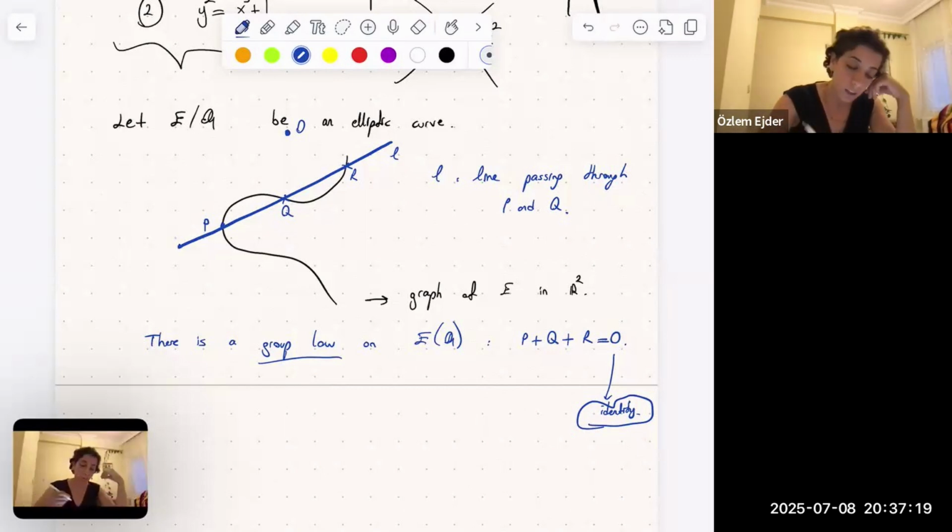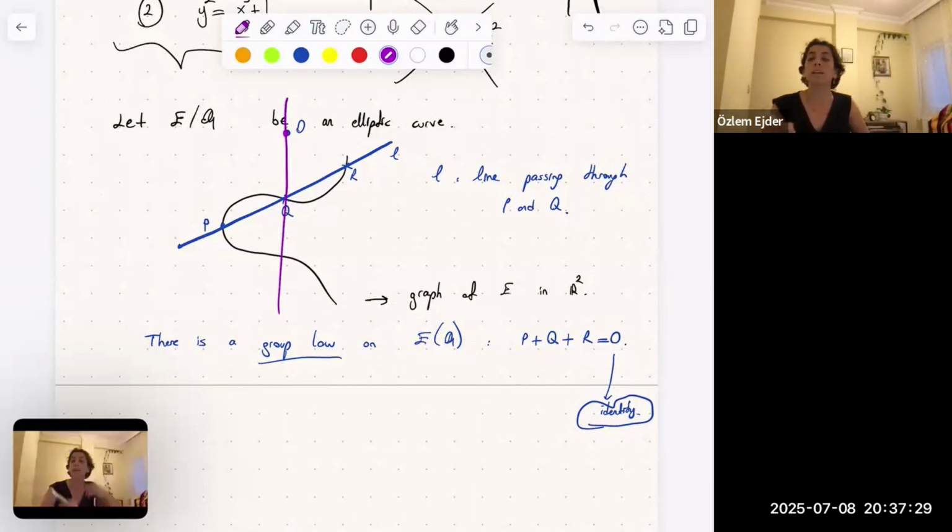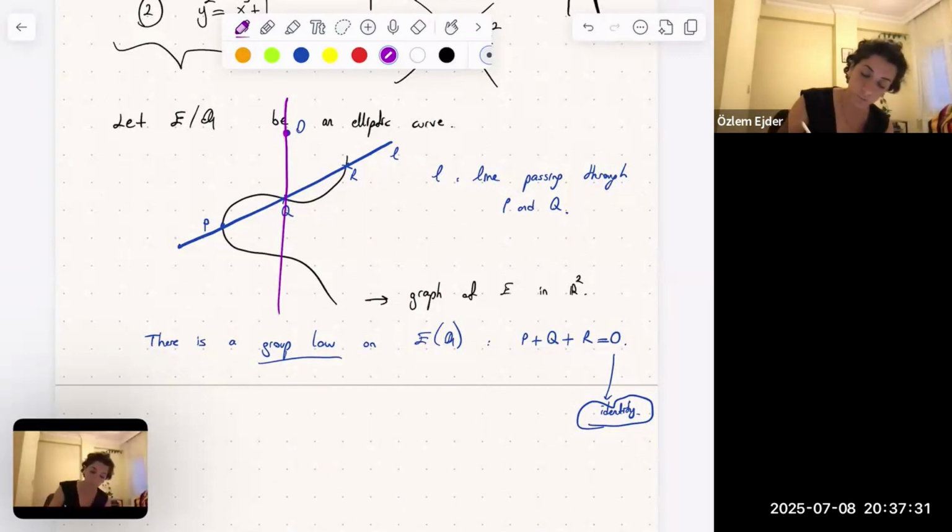And what happens with this point is that any vertical line that you draw will pass through this point O. And so this says that for any point Q on this curve, this point here will be the inverse of that.